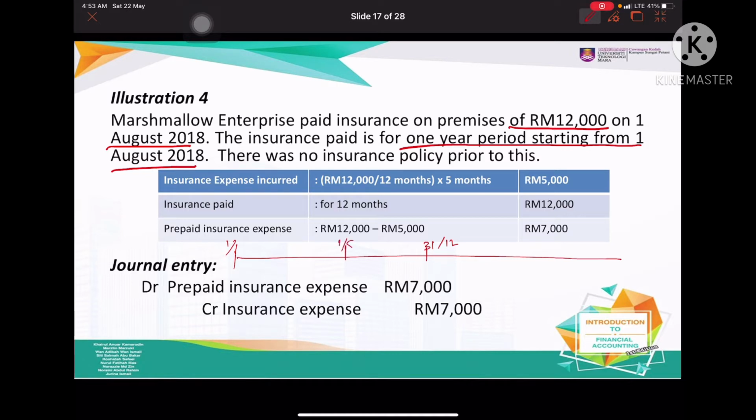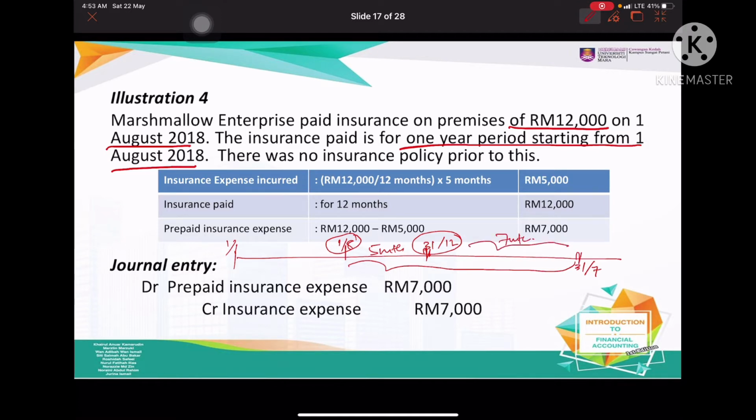So this is our 1st August, and then 12 months until 31st July. From 1st August until 31st December is 5 months, and from 1st January until 31st July is 7 months.